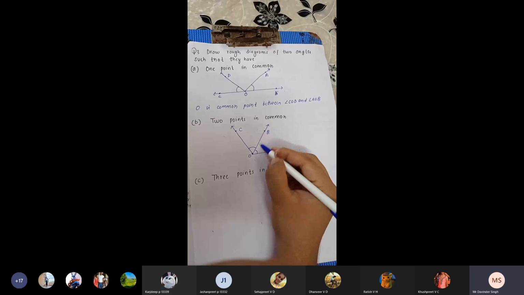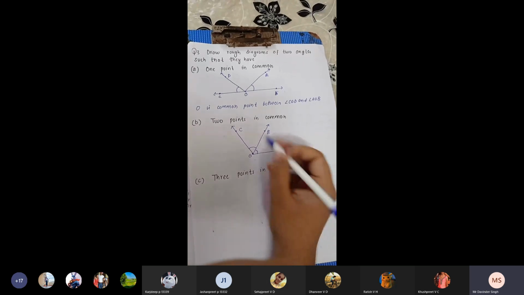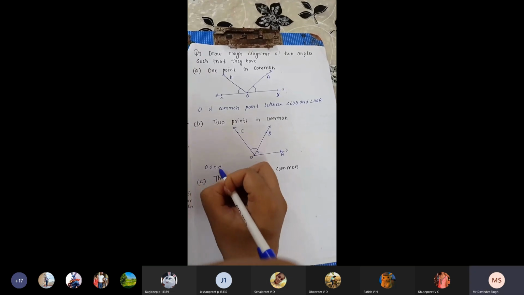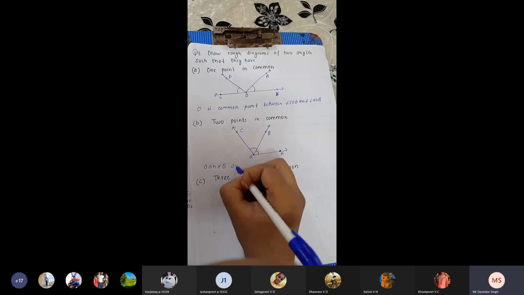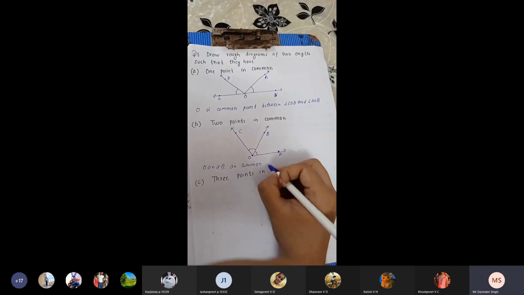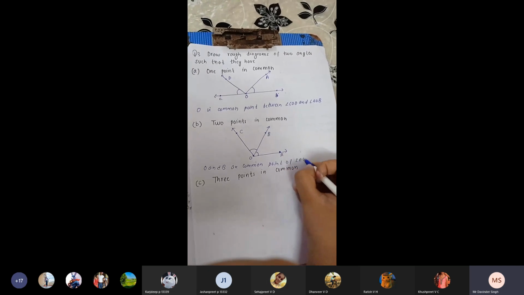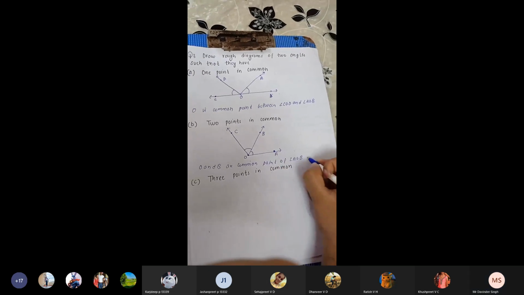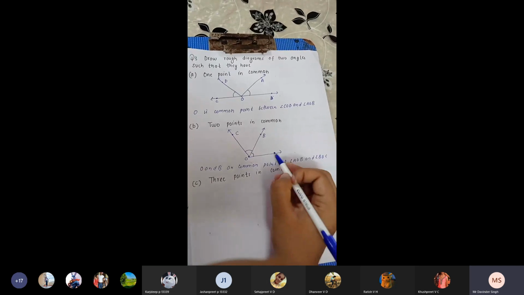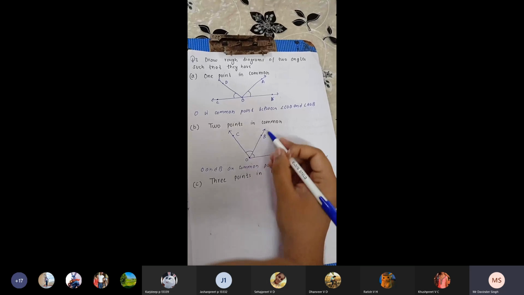In these angles, beta, look: in AOB, C is not coming at all, only A and B. So O and B are common points of angle AOB and angle BOC. See AOB and BOC, this angle and this angle.